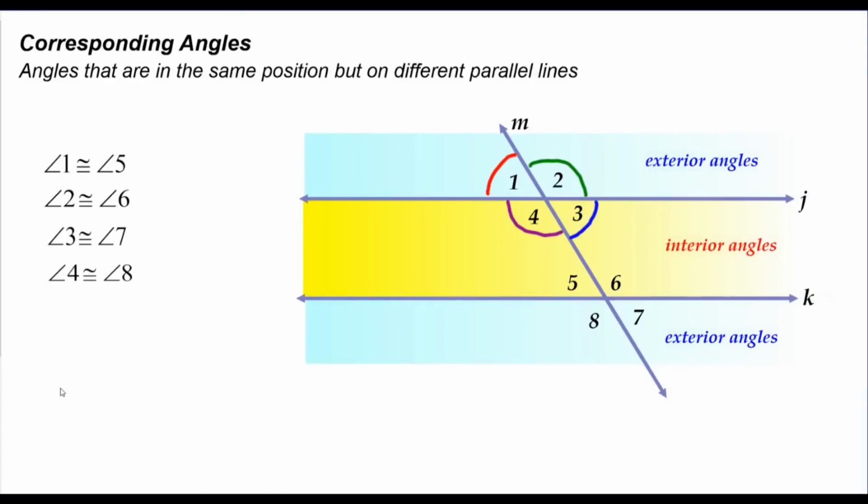And then the third type, we have corresponding angles. Now, corresponding angles aren't really mirror images of each other. They're angles that are in the same position, but on different parallel lines.